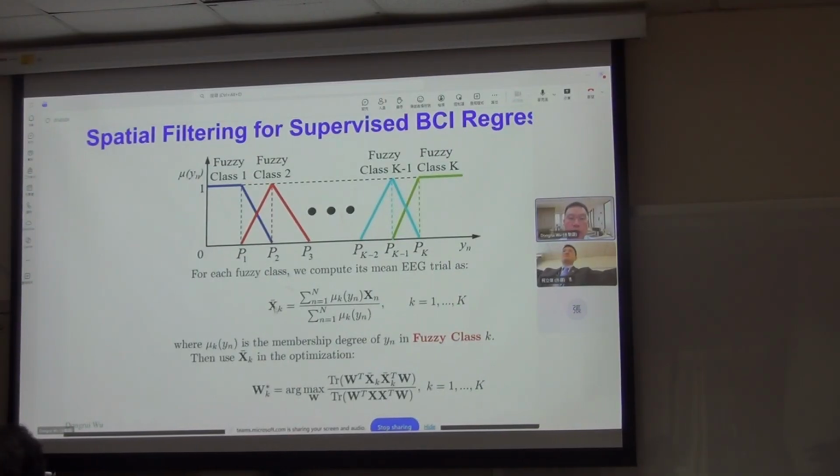After that, we can substitute this mean value into the original CSP formula to compute the corresponding spatial filter vectors W star k.